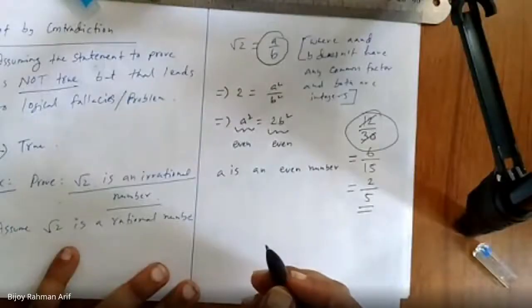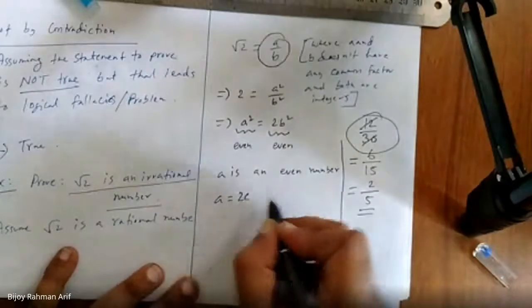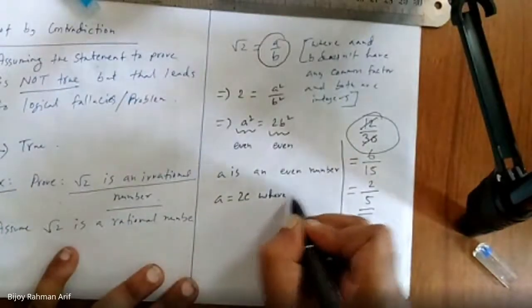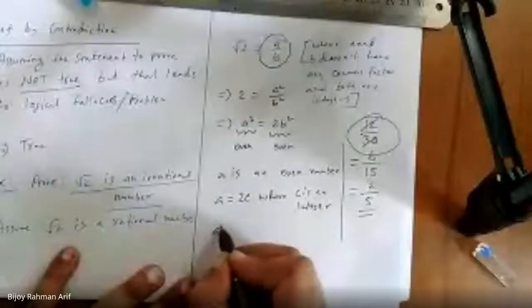Can you write a equal to 2c, where c is an integer? Can we write it? Yes. So what is a squared? 4c squared, which is equal to what?